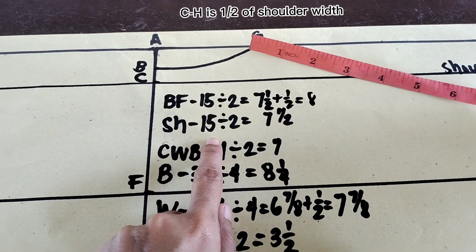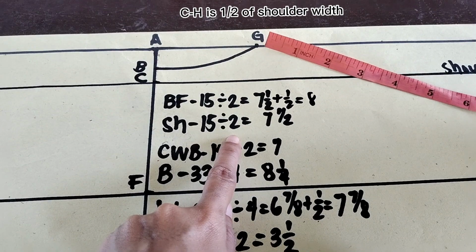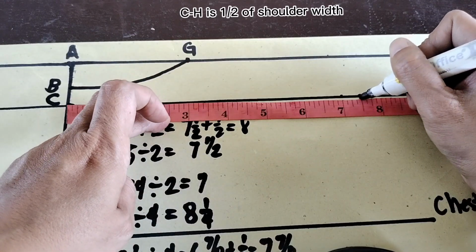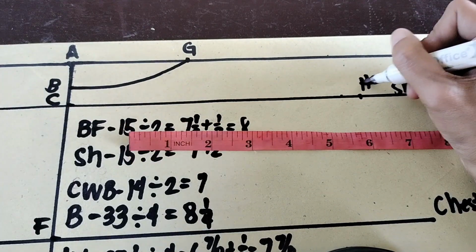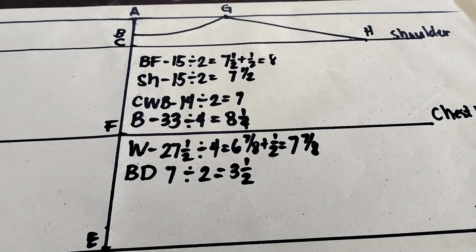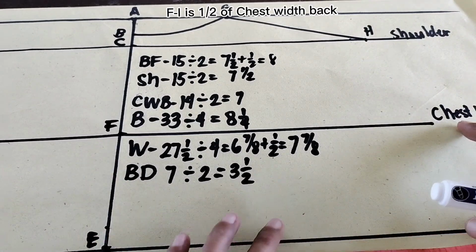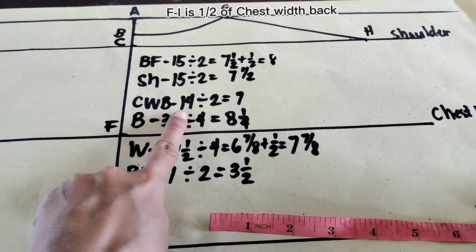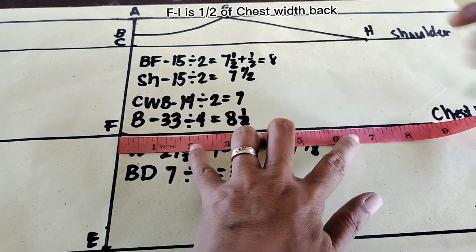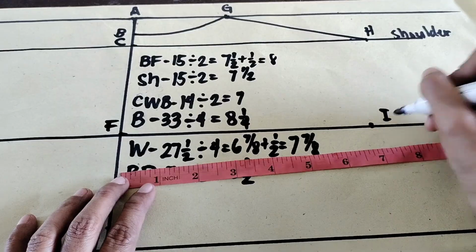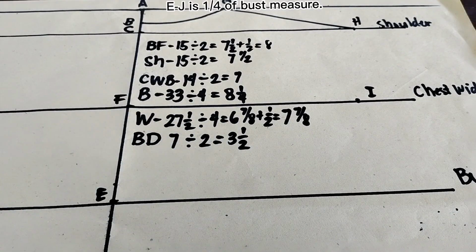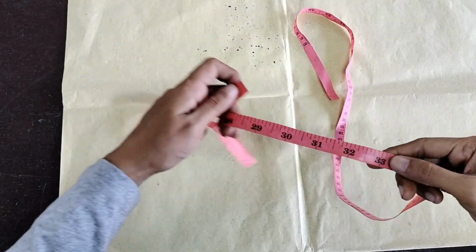Then in line C, half of the shoulder width, so it is 7.5. And mark it point H. Then connect G to H with ruler. Then in line F, it is the chest width. The sample measurement is 14 divided by 2, it is 7. Then in line E, your bust measure divided by 4, so the sample measurement is 33.